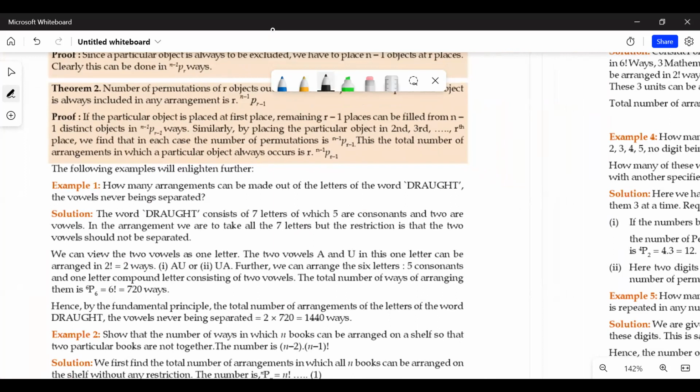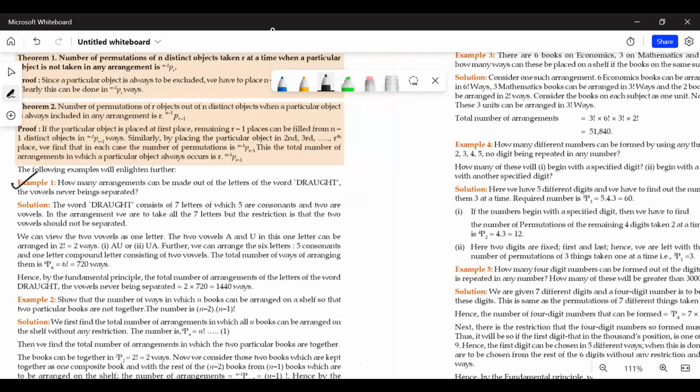See this, try this question, Example 1. Try Example 1, Example 4, Example 5.